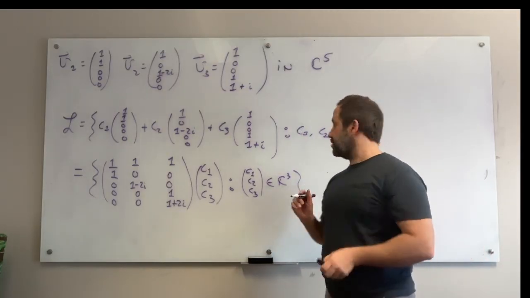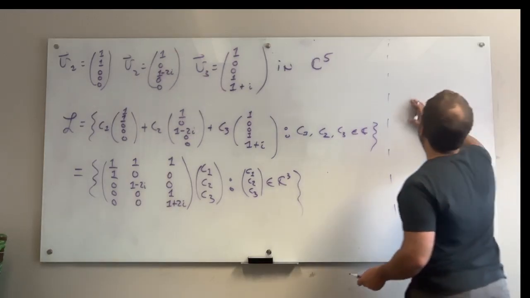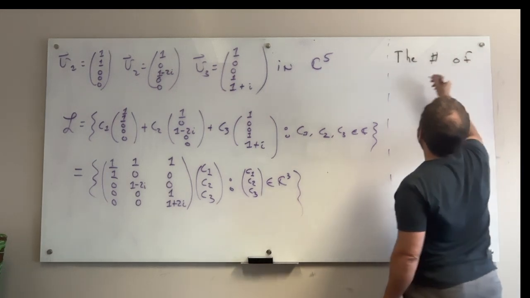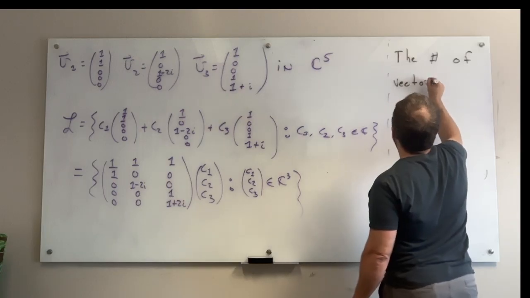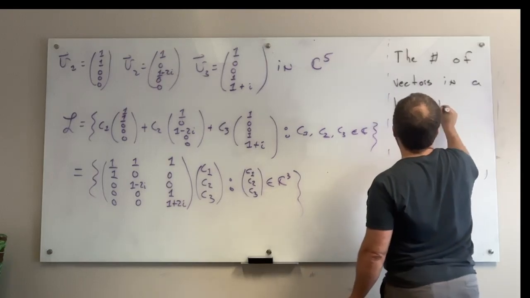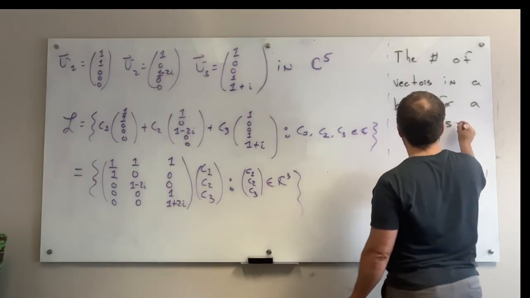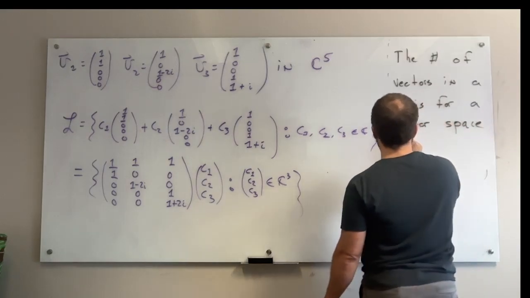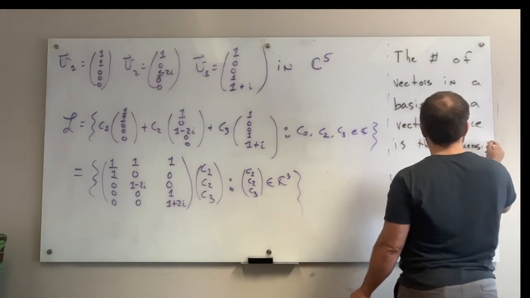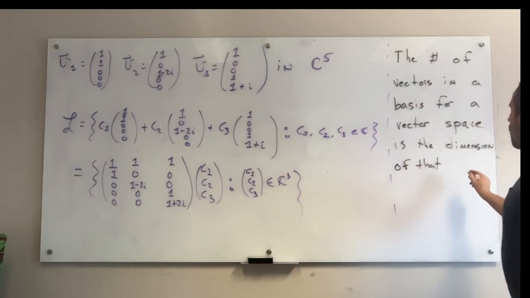The number of vectors in a basis for a vector space is the dimension of that vector space.